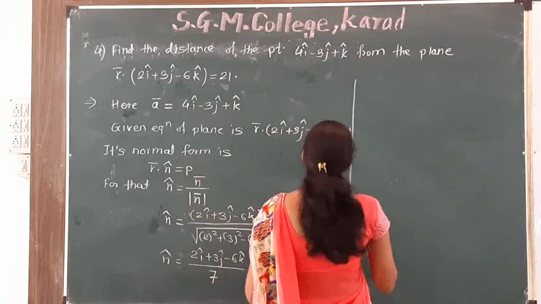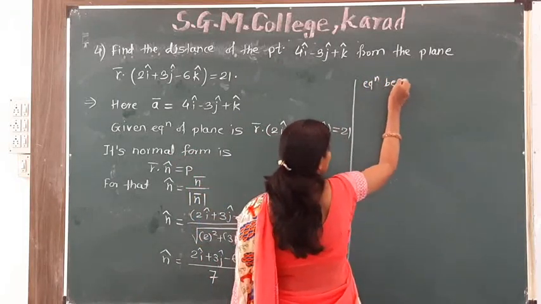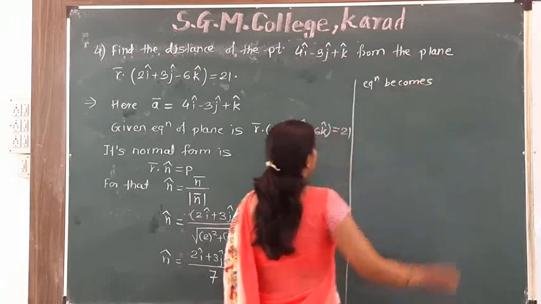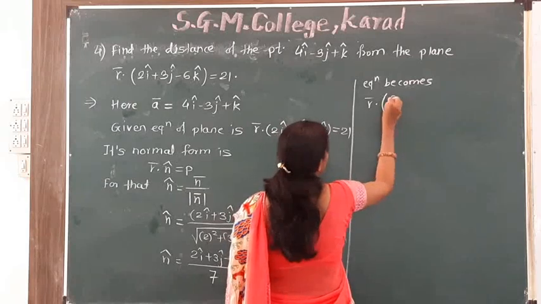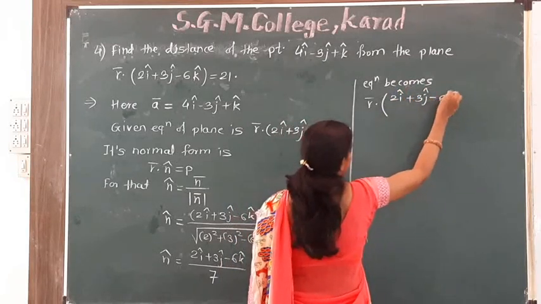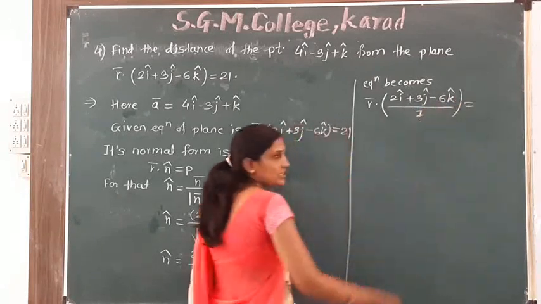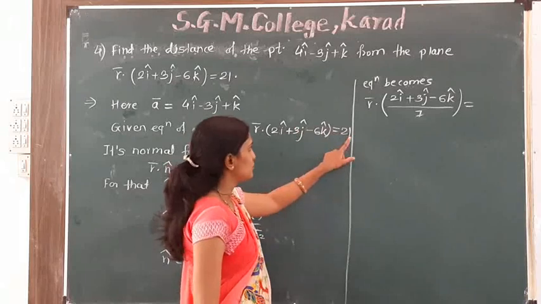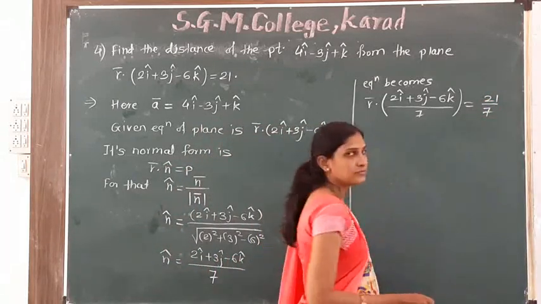So its normal form, therefore, this equation becomes r bar dot (2i cap plus 3j cap minus 6k cap) divided by 7. We divided by 7 on both sides, so 21 divided by 7 is equal to 3.